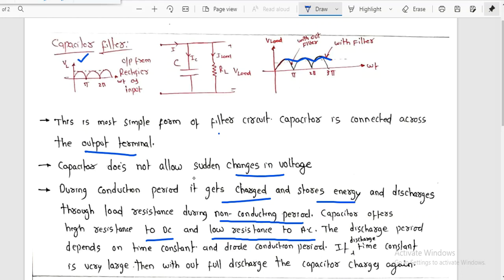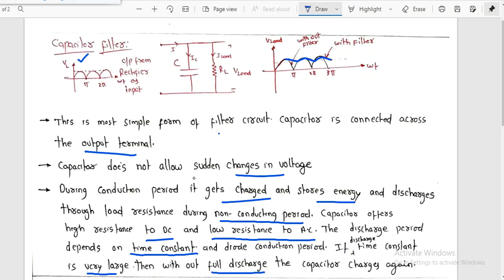Right, now the discharge period, as we discussed earlier, for how long it will get discharged and for how long it will get charged, all depends upon the time constant tau of the circuit. Here, if the discharge time constant tau is very large, then without full discharge the capacitor gets charged again.